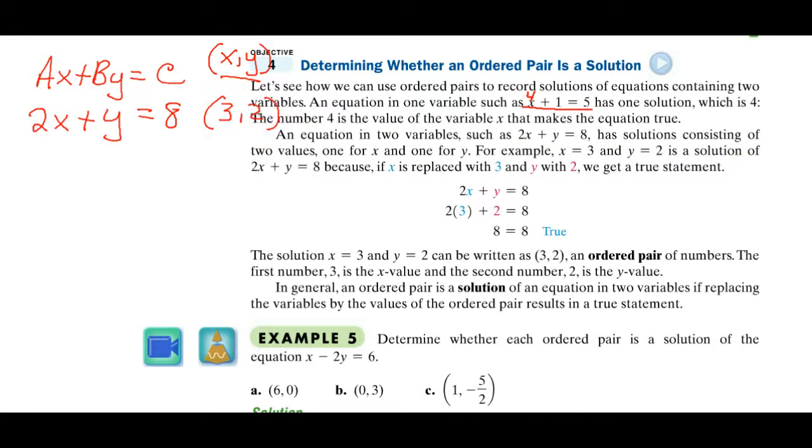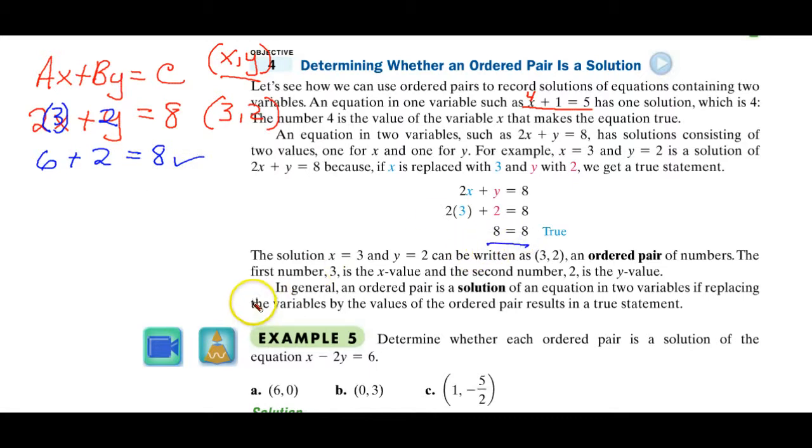So what we do is we take our 3, and where the x is, we put the 3 there. And where the y is, we put the 2 there. So 2 times 3 is 6, plus 2 equals 8. And yes, that is true.